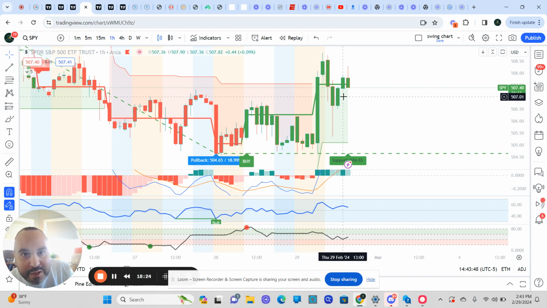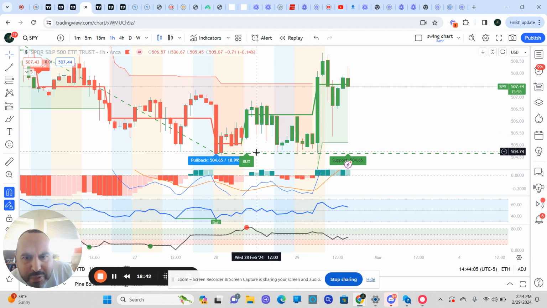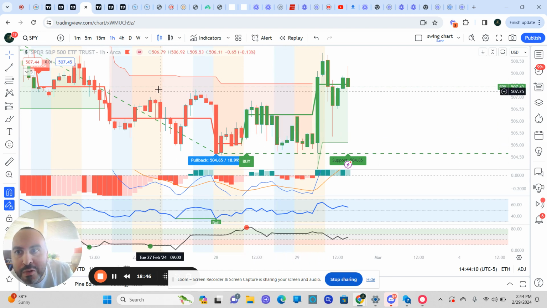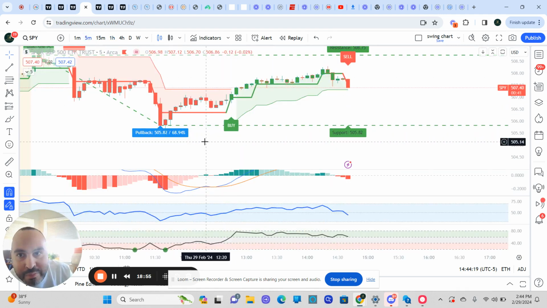For that reason, I favor calls, and if I do play puts, we play them less aggressively than calls, if at all. So our hourly is on a buy, so I would be more bullish than anything. I would look for entry into calls more than anything.